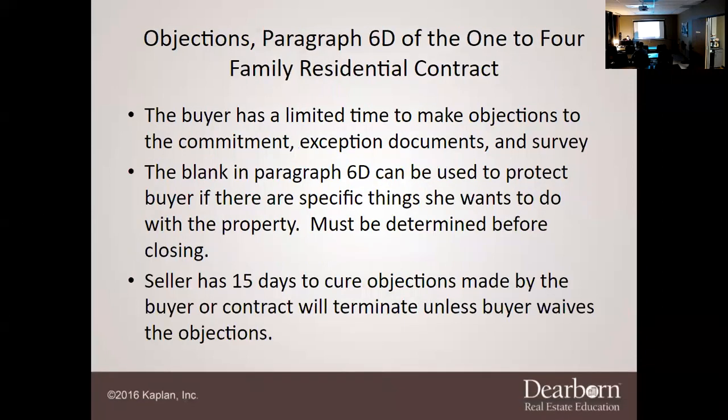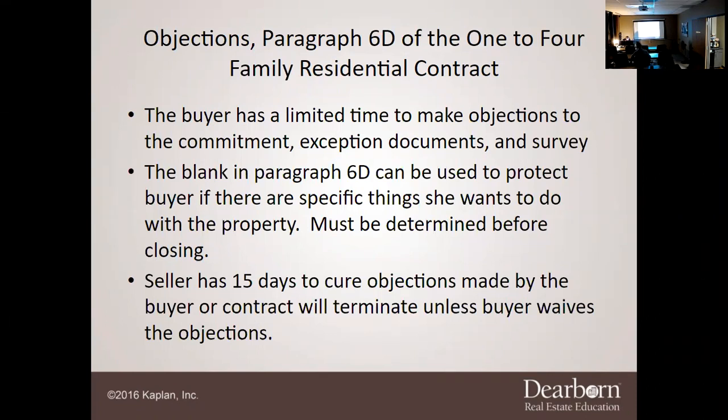Now, in regards to objections and paragraph D of the 1 to 4 family, the buyer has a limited time to make objections to the title commitment, the exception documents, and the survey. The blank in paragraph 6D can be used to protect the buyer if there are specific things she wants to do to the property that must be determined before closing.